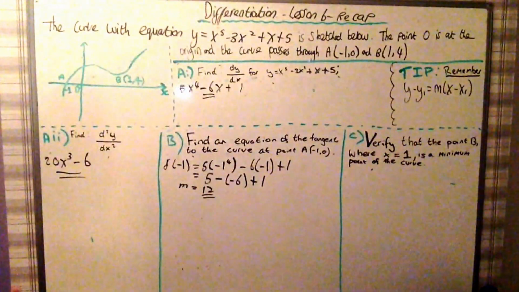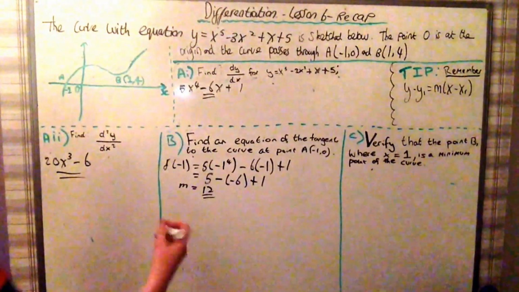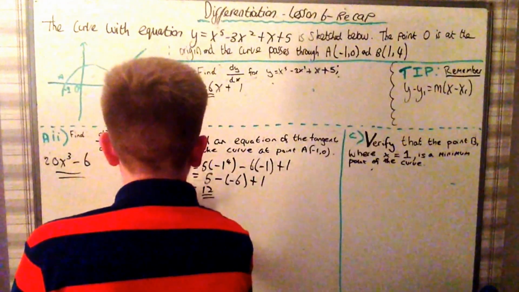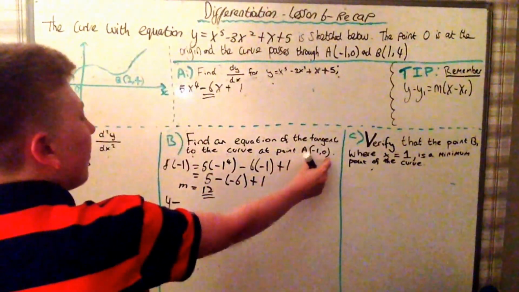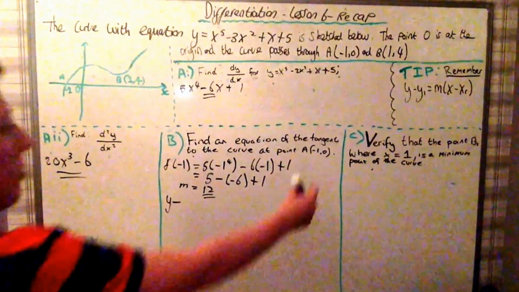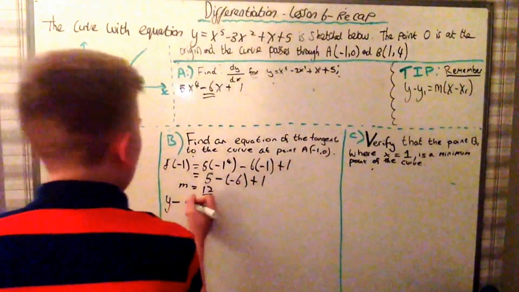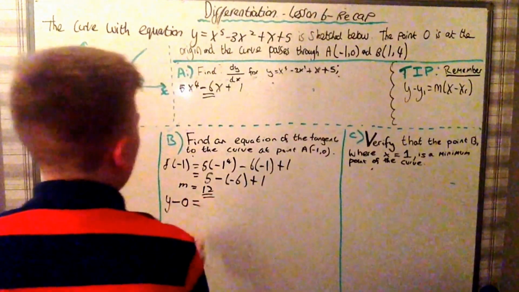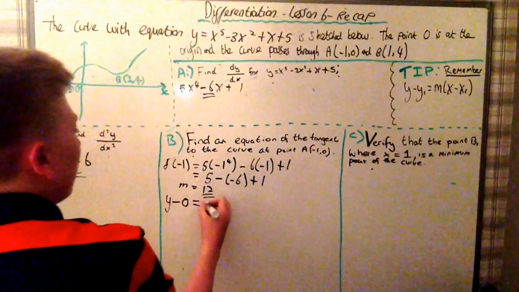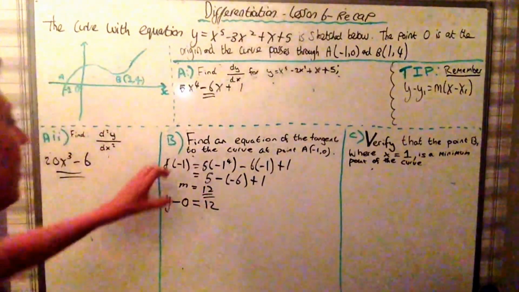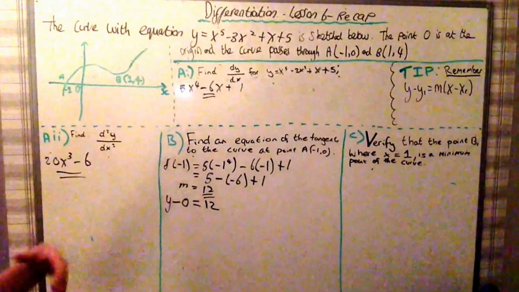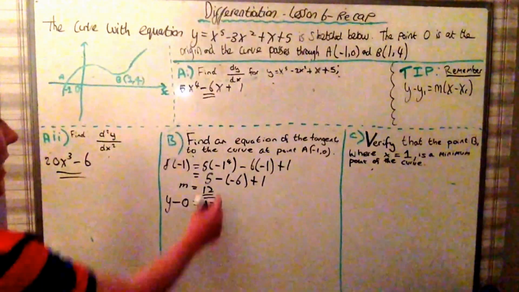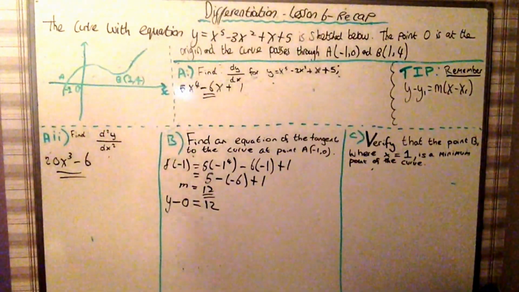We simply substitute in the values we have into there. So y minus our y1, the value of y given to us in the coordinate, is going to be 0. Y minus 0 equals m, our gradient, which we've just calculated to be 12. For this part, you might get 1 out of 3 marks, or 1 out of 4 marks, just for calculating the gradient. Possibly even 2.